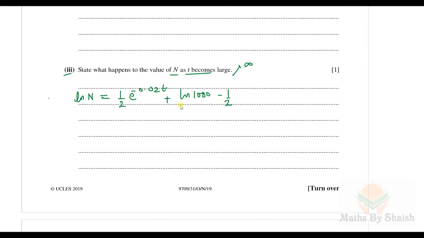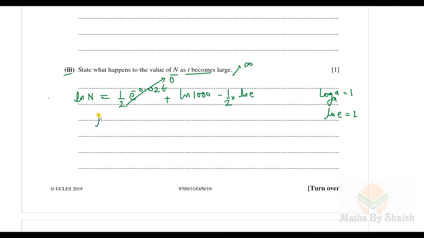Now here, if t tends to infinity, this will tend to 0, so this is gone, and ln 1000 is there, minus 1 by 2. I can write 1 by 2 as ln e to the power 1 by 2, because we know that log base a of a is always going to be 1. Similarly, ln e will be 1, because ln is the log base e, the natural log.